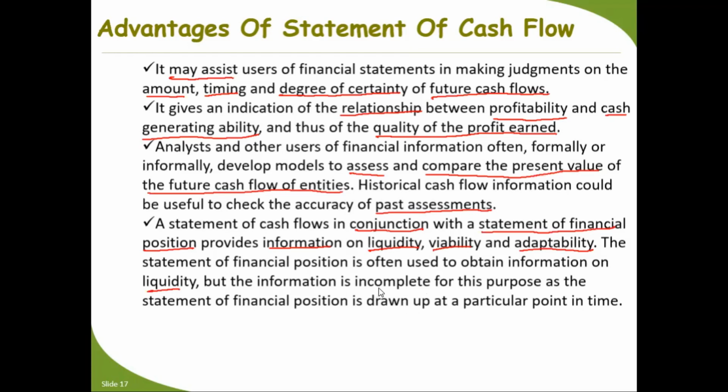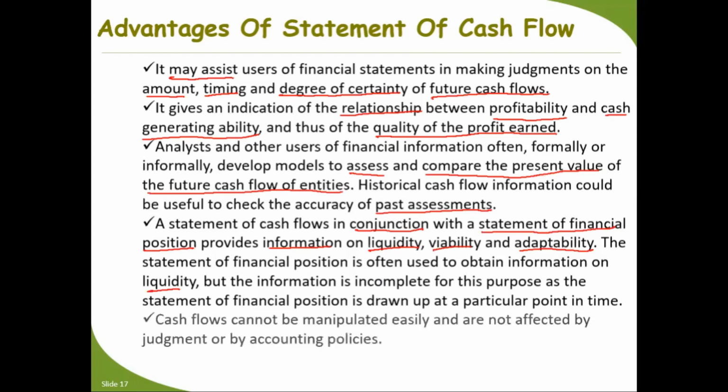For example, over there you have a figure of your cash equivalents or cash, okay, but how there was a movement in the previous one accounting period on your cash flow will be ascertained by using the statement of cash flow. Okay, then cash flow cannot be manipulated easily and is not affected by judgment or by accounting policies.